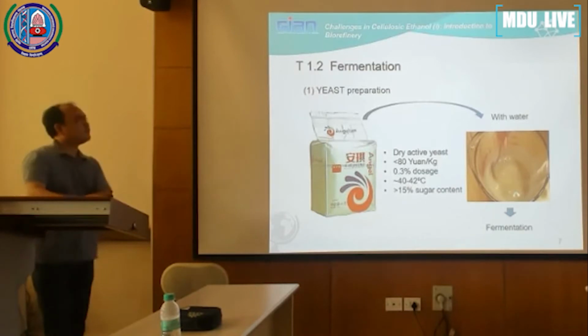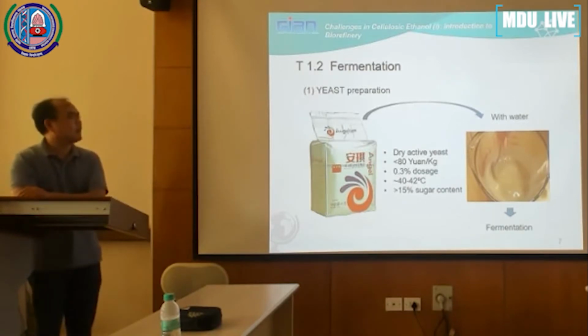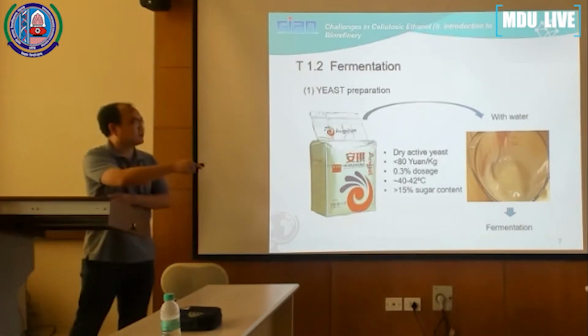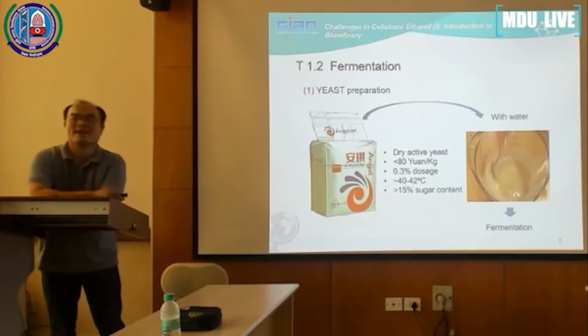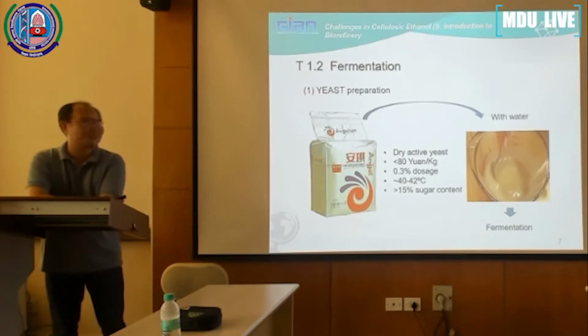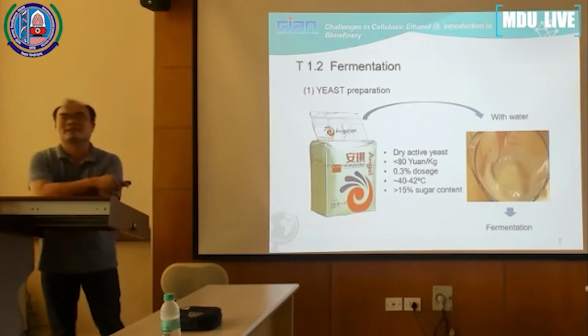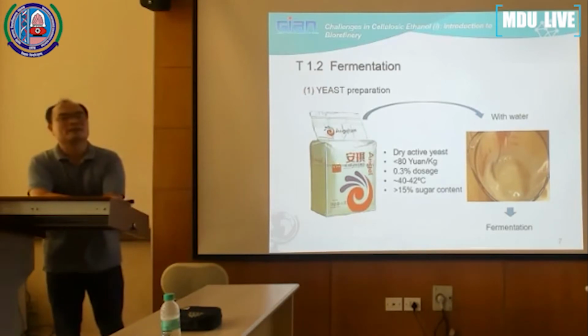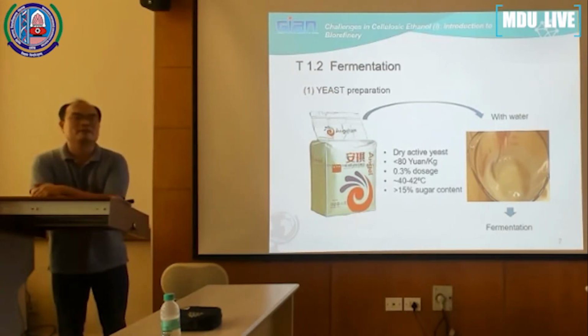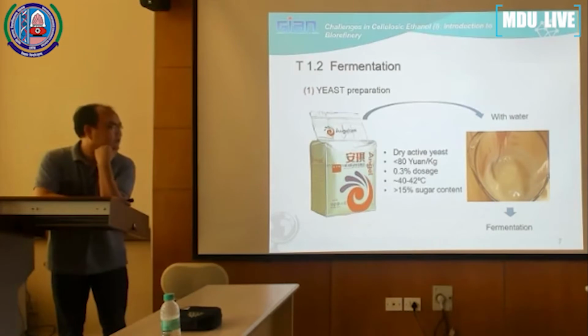In the fermentation stage, I would like to use Angel yeast. Have you heard of Angel? It's a Chinese brand. It's dry active yeast, and the cost is less than 80 yuan per kg.